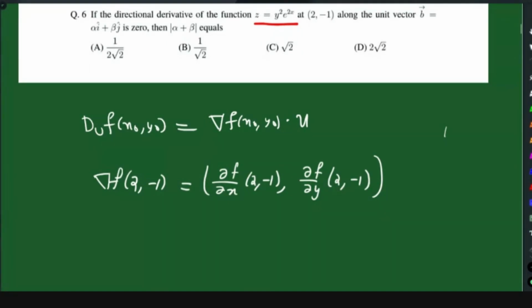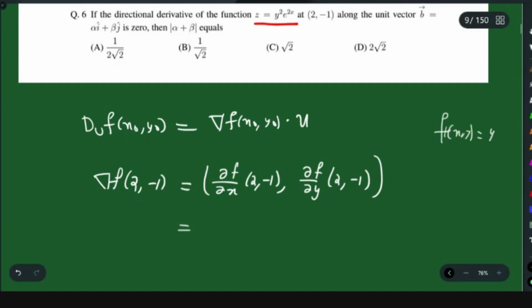You just find del f. So what you will get? Dou f by dou x. What is your f of (x, y)? F of (x, y) is in fact y square e raised to 2x, right? So dou f by dou x is 2y square e raised to 2x.